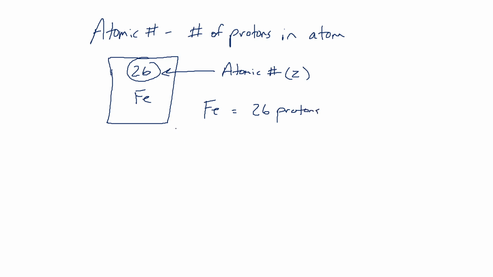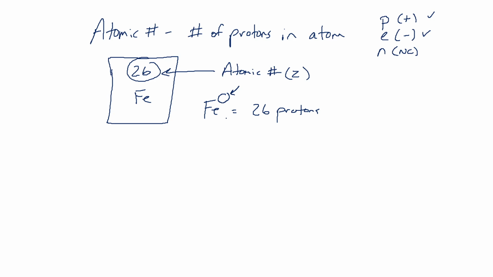Now, what the atomic number will also tell you, if it is a neutral atom, like for example this one right here, is that we do not see any charge. That is right about there where we would see a charge if it was written. So we see nothing there, and we assume that it is neutral. Of the three particles in an atom, our protons are positively charged, our electrons are negatively charged, and our neutrons have no charge, so the protons and electrons are the only two particles that can affect the charge.